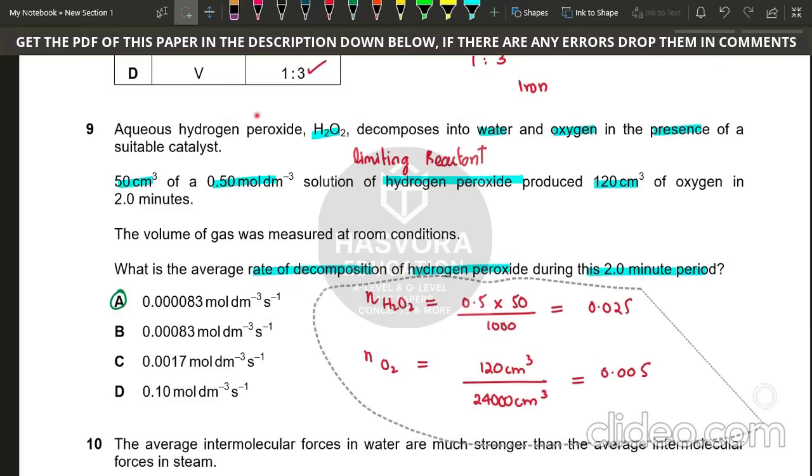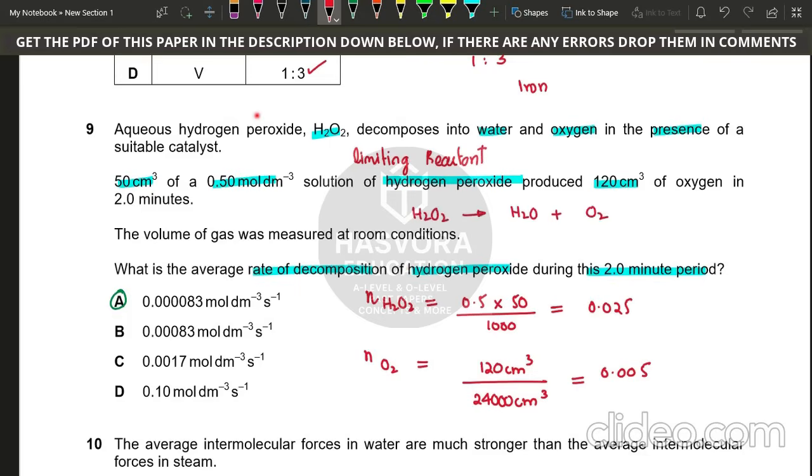So this means that I have to perform the calculation according to the oxygen. Hydrogen peroxide is decomposing to H2O plus oxygen, so we have to balance the number of oxygen, so it is 2, so this will be 1 by 2. Now if oxygen is the limiting reactant, I have to look for the moles of that. So this is 0.005. For the hydrogen peroxide it will be times 2 because there is a 1 to 2 ratio.